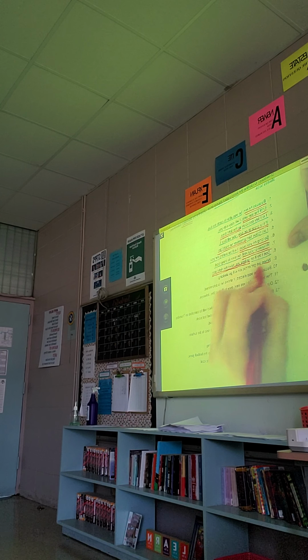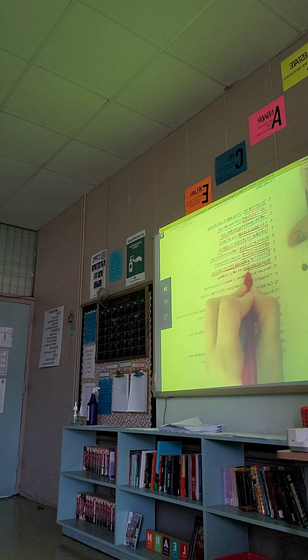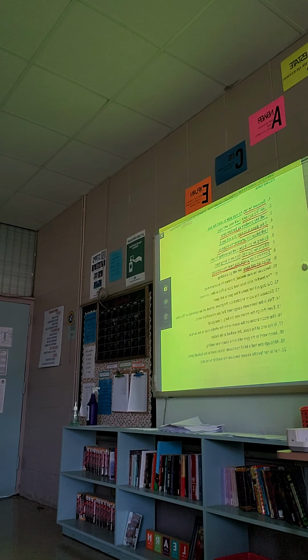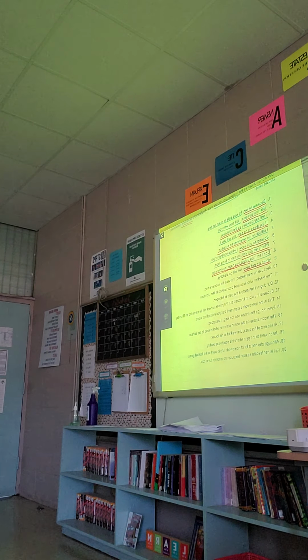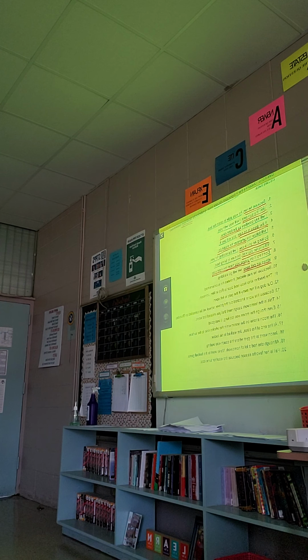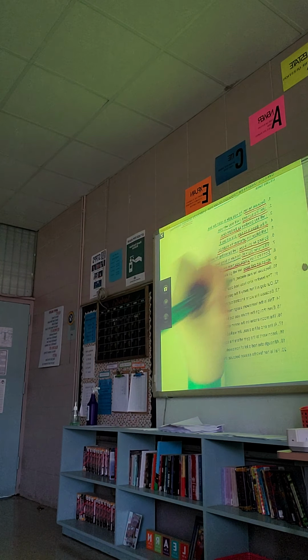Because the conjunction is usually just a really small bit, so it's usually not the whole phrase. But this one has a comma to help us. So, "we will go sledding" is our what? Our independent clause.